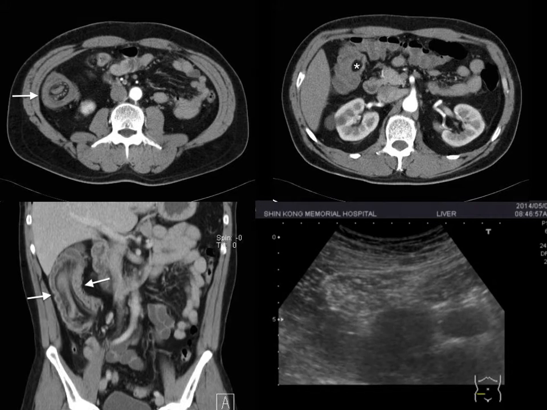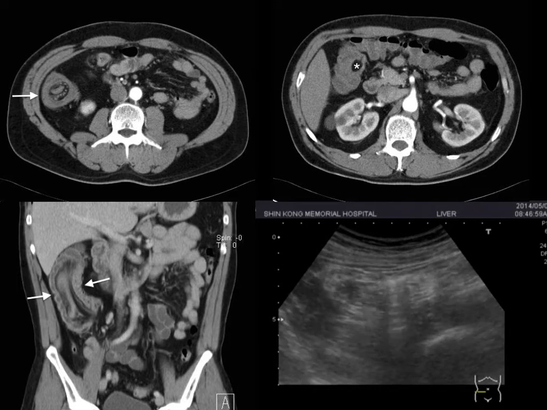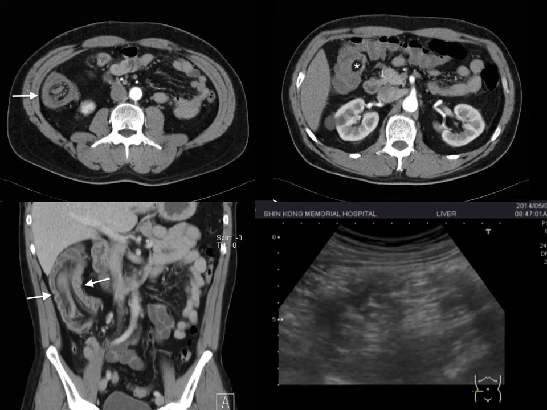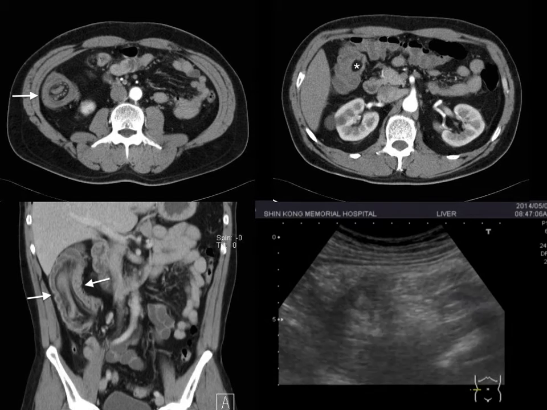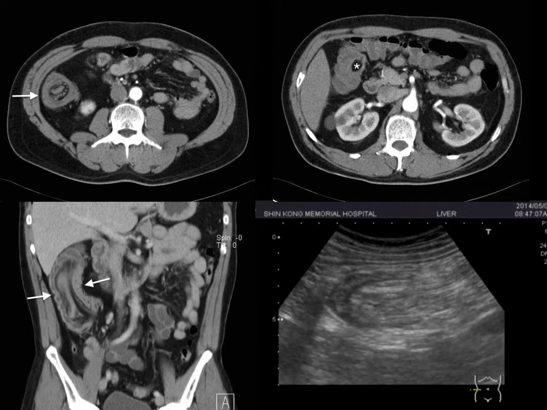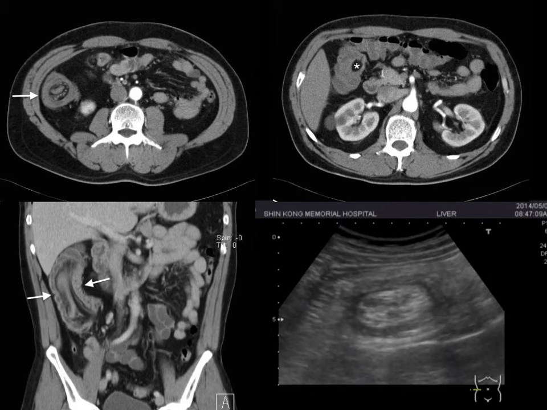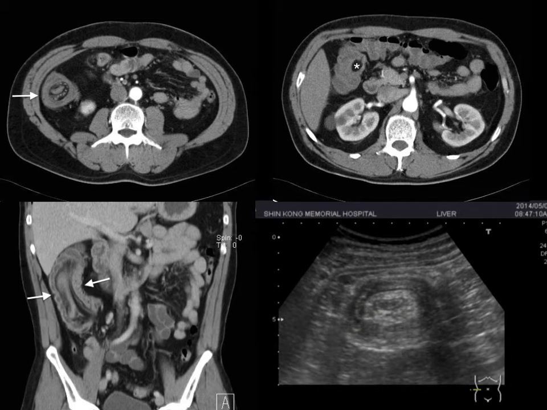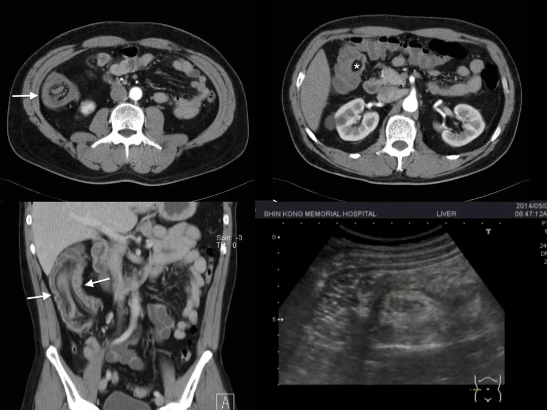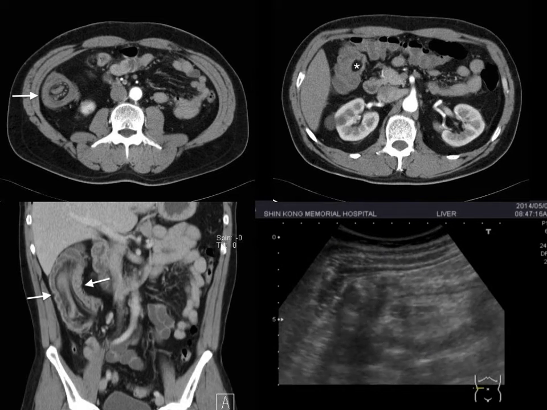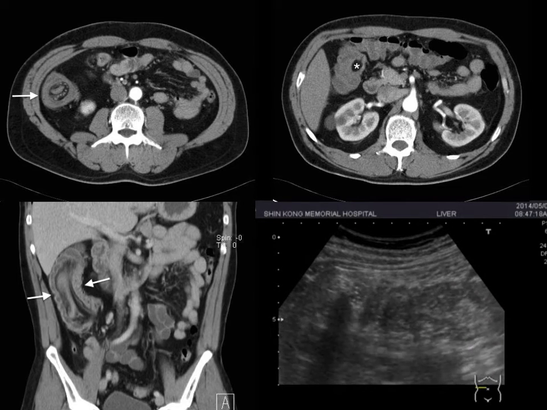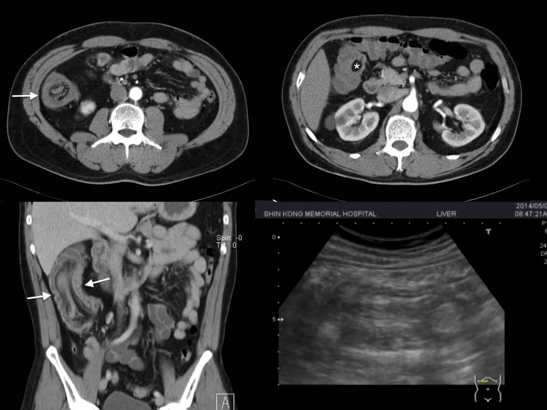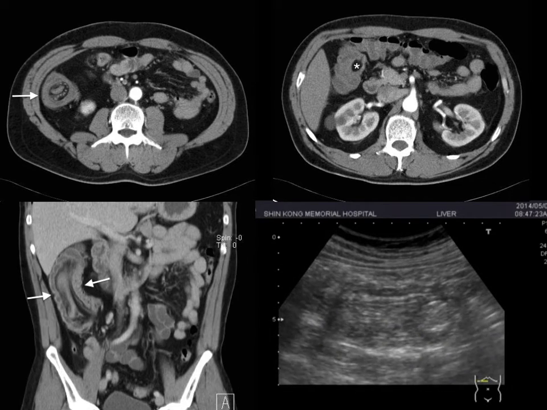Now we look at the sonographic one transversely from below, and then we can see this intestine transversely telescoping into the ascending colon. Then move the probe transversely up. You can see this, and when we turn to the right side, like this, we can see the leading point here.